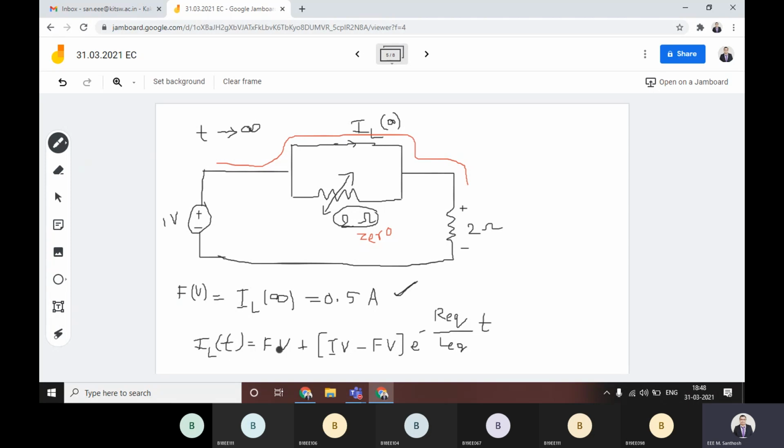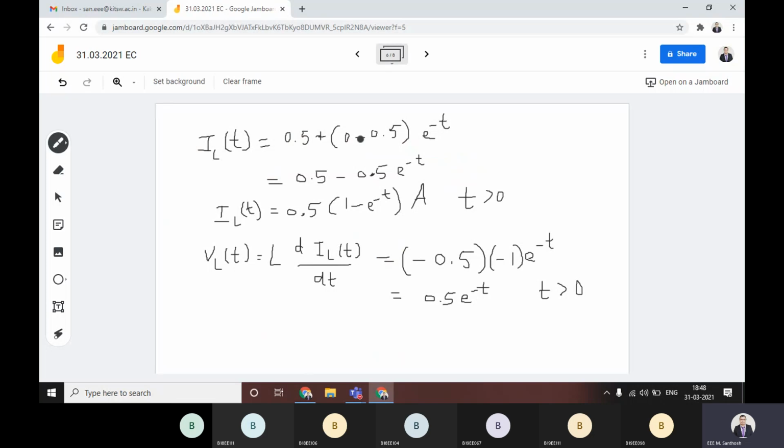If you have this formula in your mind, directly you can calculate: final value plus initial value minus final value into e power minus t. In the options, this will be there definitely: 0.5 into 1 minus e power minus t. Furthermore, they may ask you VL of t.